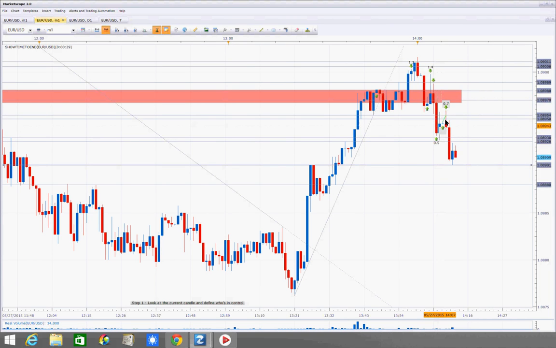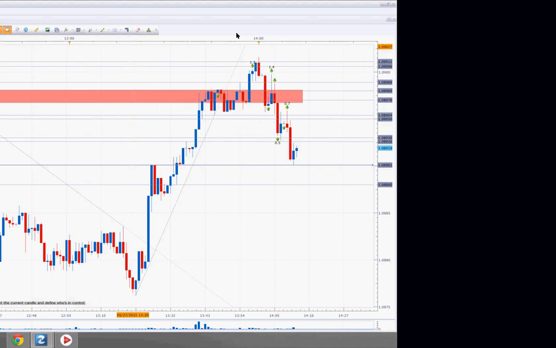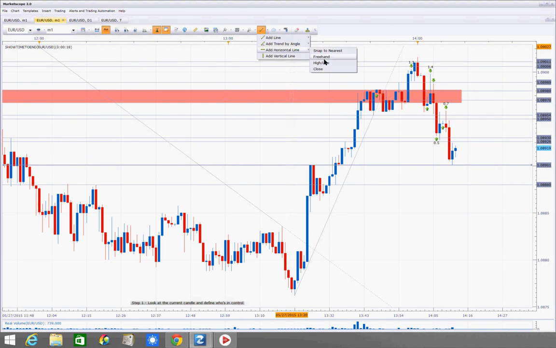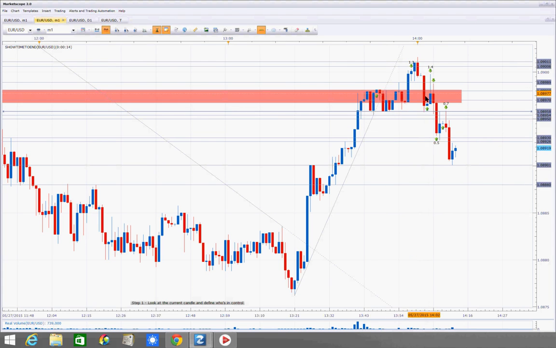So everything here was just a correction. So when the price approached here, this becomes now a supply level, right? So imagine, in order for the price to break through this level, there were a lot of sellers in order to break that floor.